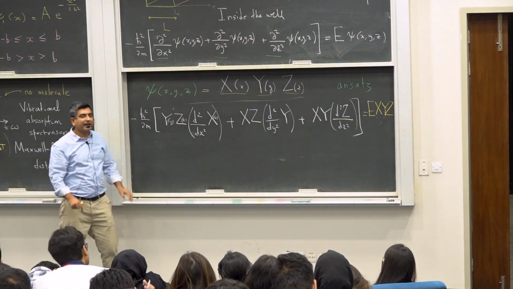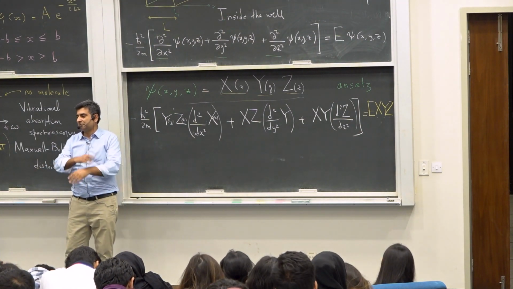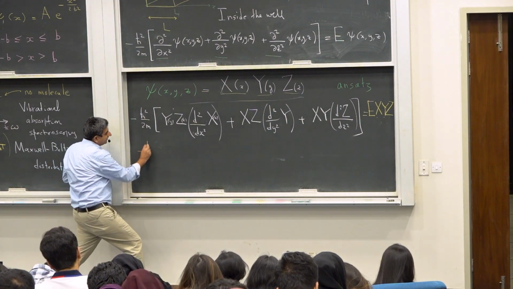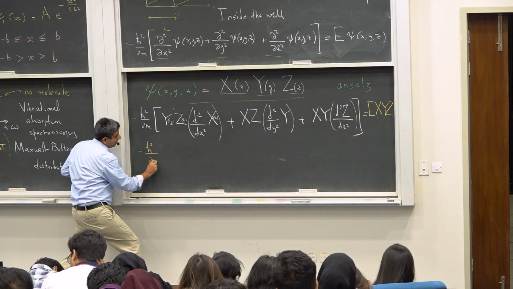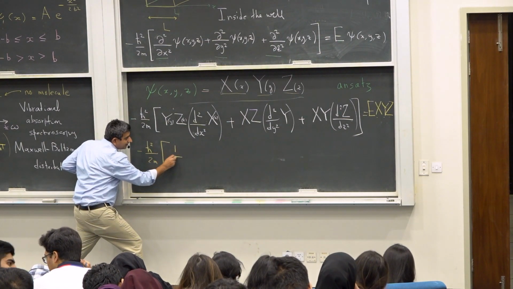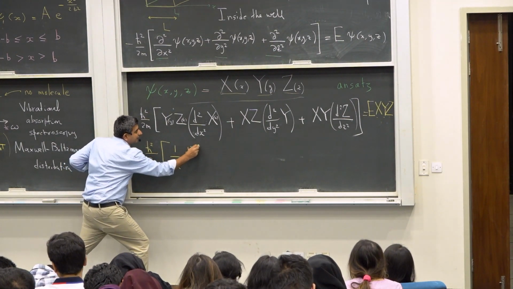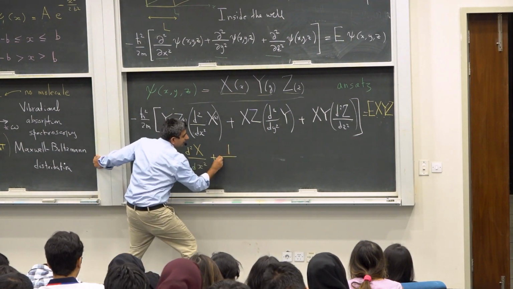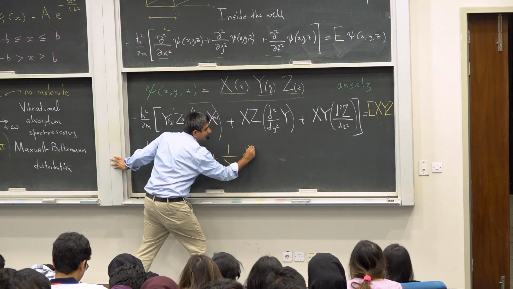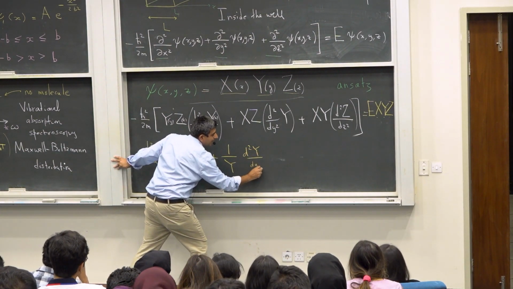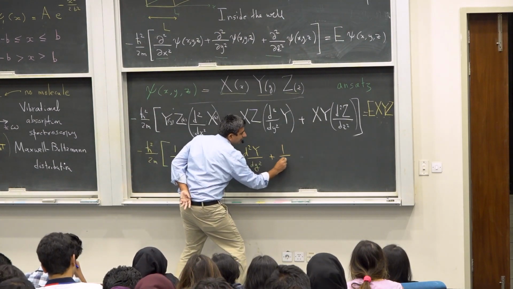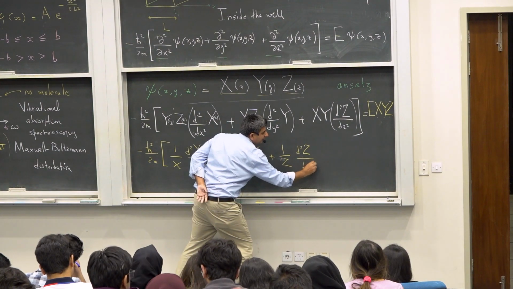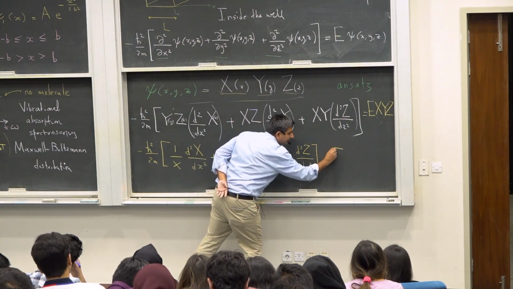Now in this step, I divide this equation by X, Y, Z. If I do that, I get minus h bar square over 2m times 1 over X d square X over dx square, plus 1 over Y d square Y over dy square, plus 1 over Z d square Z over dz square. This equals E, the energy.